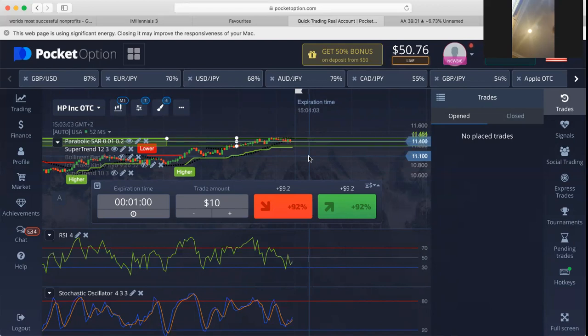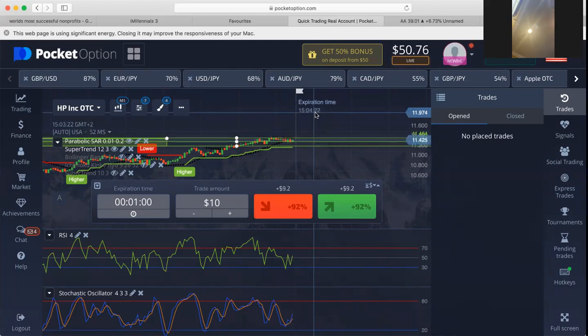Okay. So price is going up. Now the next candle is bearish. Oh, it's going back up now.